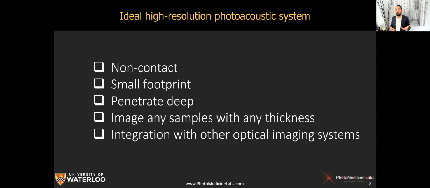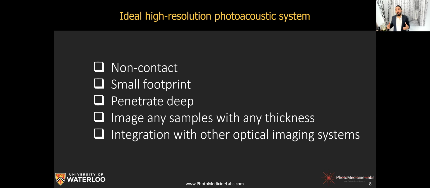You do not want to touch them, deform them, or disturb them. However, unfortunately, in photoacoustic we always need to have that ultrasound gel and transducer in contact to be able to detect the generated photoacoustic signals.